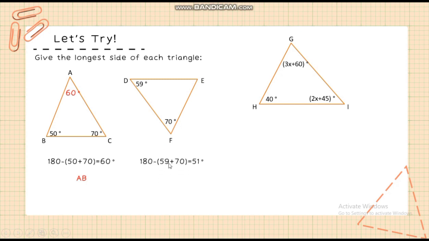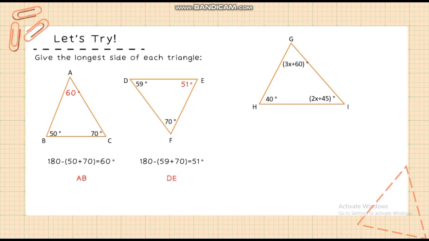So 180 minus 59 plus 70 is 51 degrees. So angle E is 51 degrees. Which of these three angles is the largest? It's angle F. Therefore, the side opposite of this angle is the longest side, which is side DE.